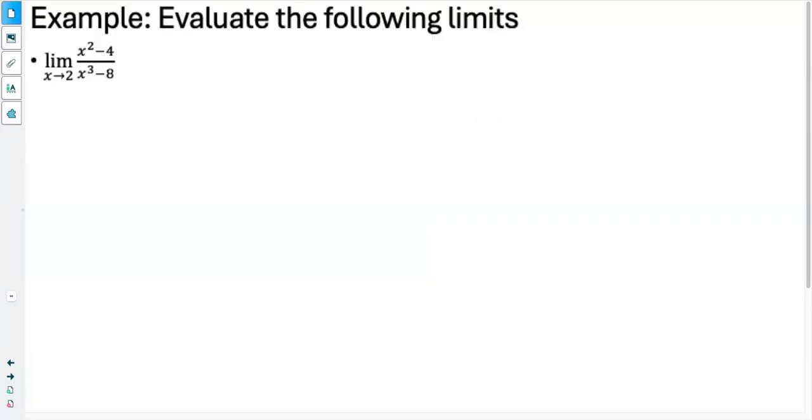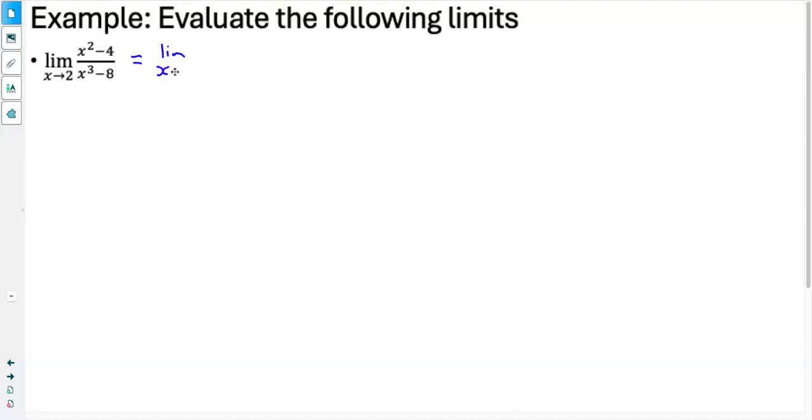So first one, we've got our limit as x approaches 2 of x squared minus 4 over x cubed minus 8. Now, from looking at this, we can see that this goes to 0, this goes to 0. So that would be the limit as we go 0 and 0 in numerator and denominator. So what that means, based on that previous page, is we can take the derivative of both our numerator and denominator.